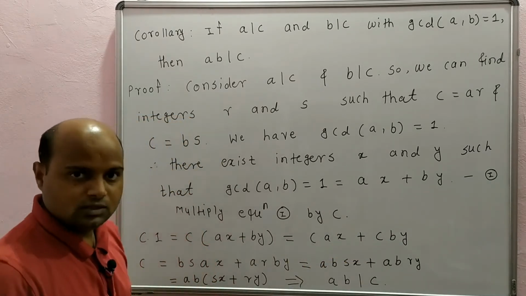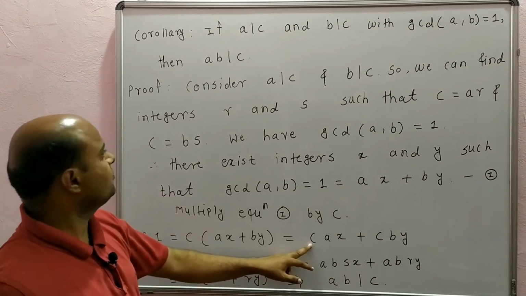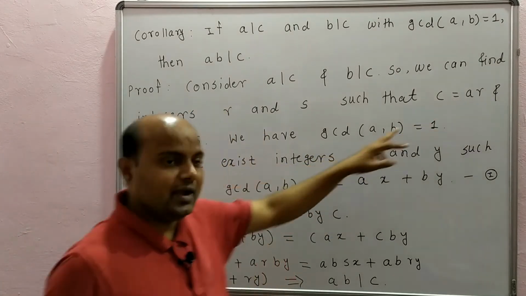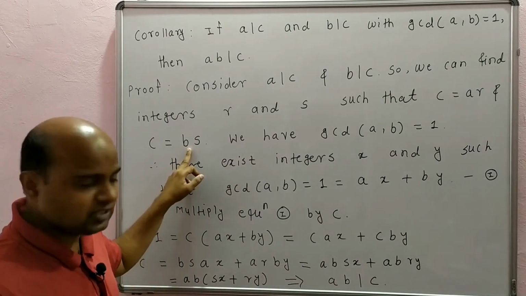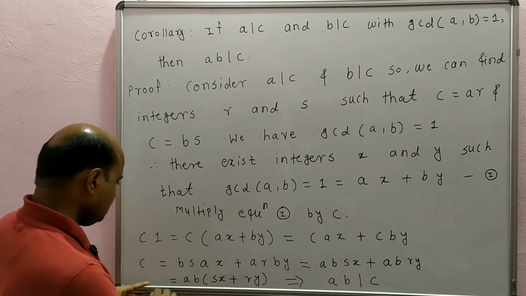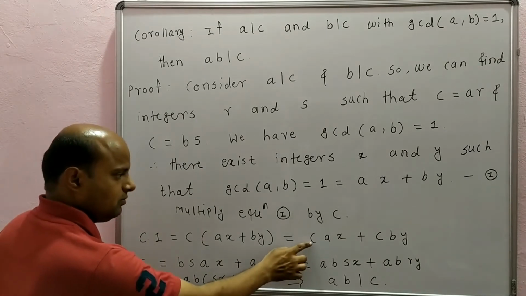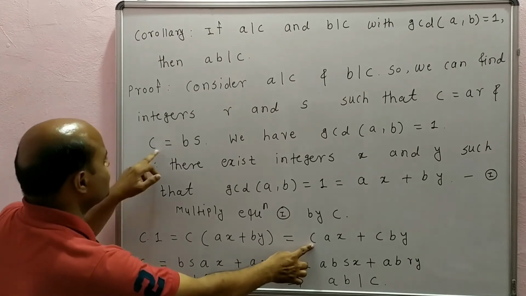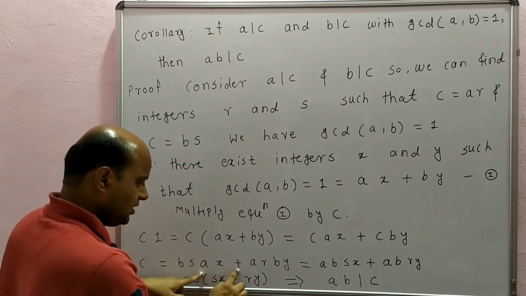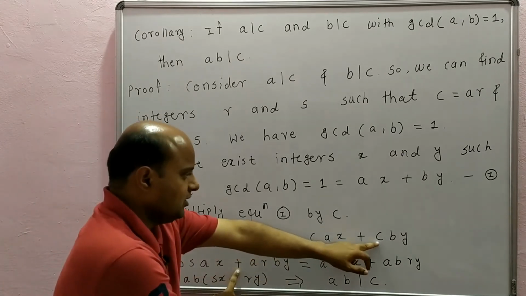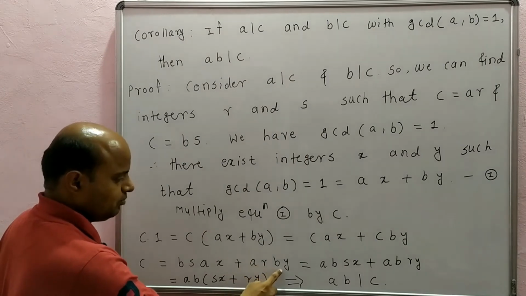Now just listen here. We have c is equal to ar and c is equal to bs. So we have to choose appropriate values of c. Now, in the first term we will take the value of c as bs, giving bs ax, plus in the second term we will take the value of c as ar, giving ar into by.